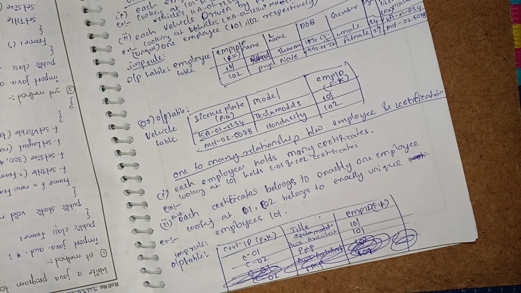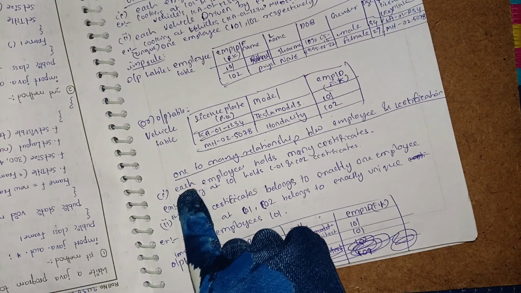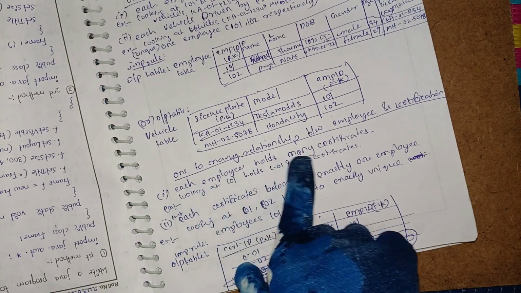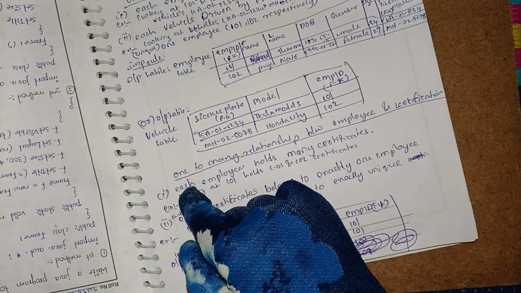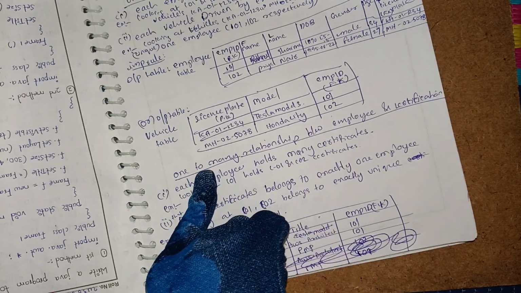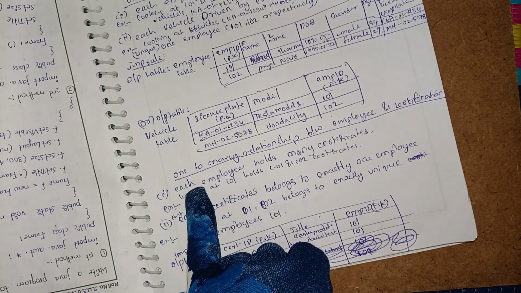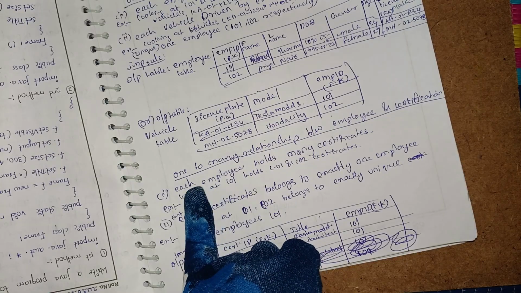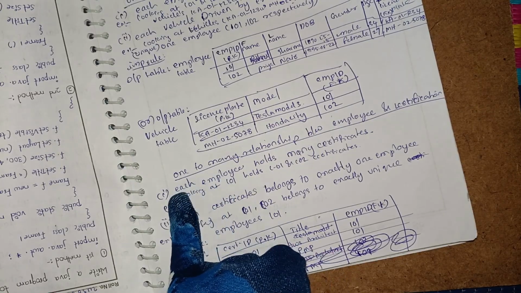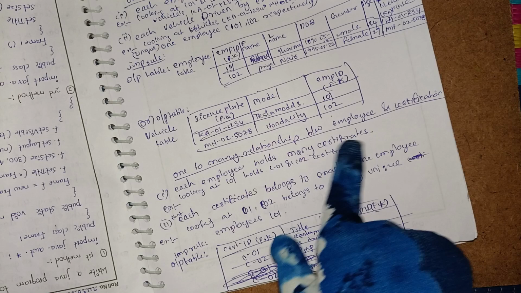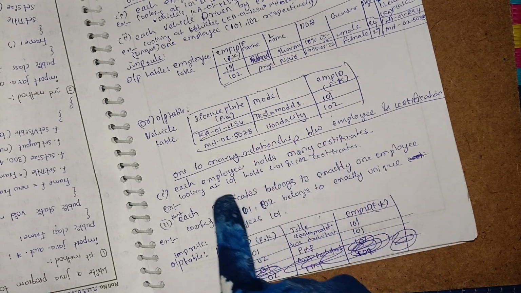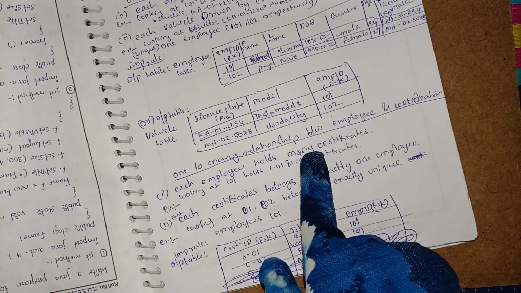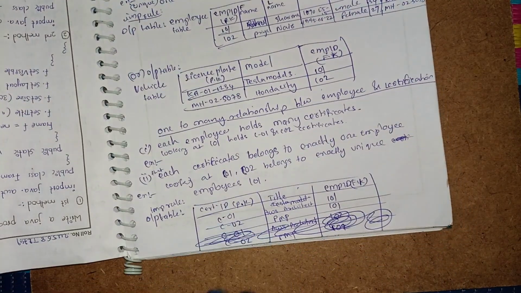So the statement we should generate is each employee holds many certificates. This is the statement which is according to the title one to many. So employee is beside the word each, and certificate is beside the word many. So employee table is one side and certificate table is many side.